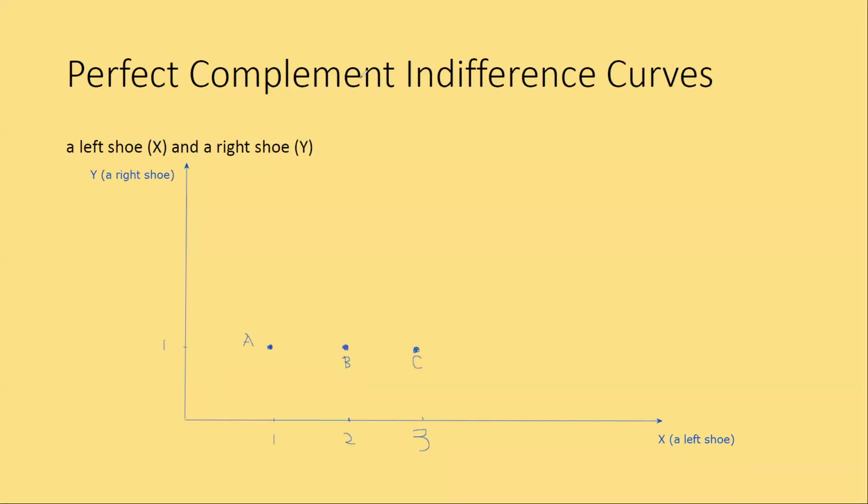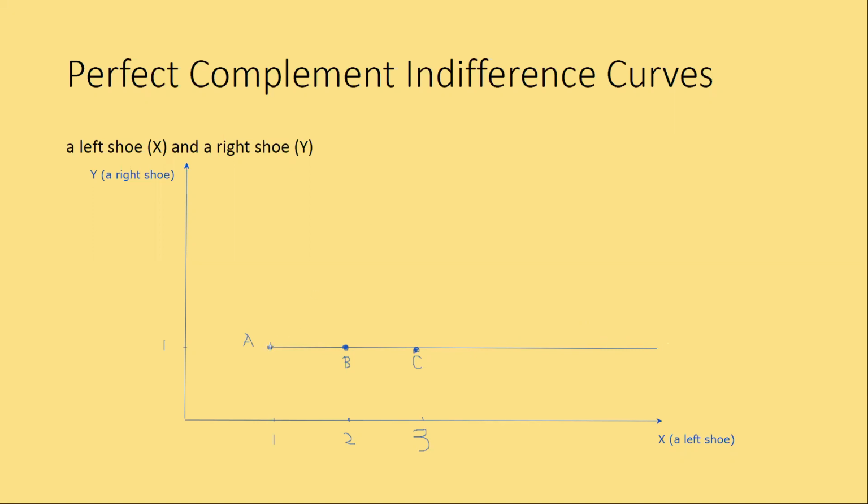So overall, any point on this horizontal line gives her the same level of utility. She can only form 1 pair of shoes and no more than that, regardless of how many more left shoes she has.